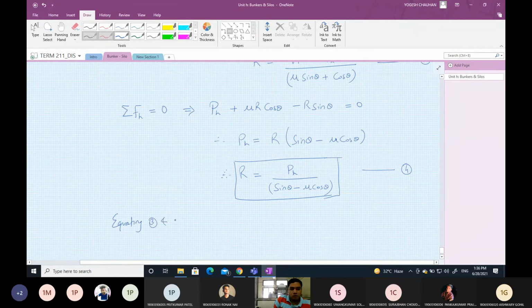Equating 3 and 4, we get r is equal to W minus mu dash pH whole divided by mu sin theta plus cos theta equals pH divided by sin theta minus mu cos theta.